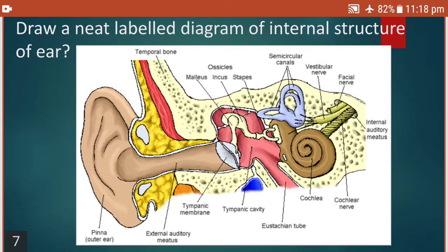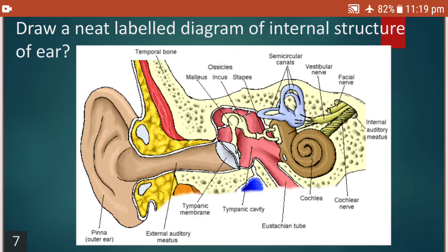The outer ear is called the pinna, which leads into a canal called the external auditory meatus, or auditory canal, which is covered by a membrane called the tympanic membrane or the eardrum. The middle ear consists of three bones called the malleus, incus and stapes.